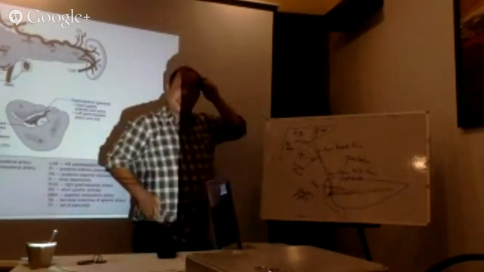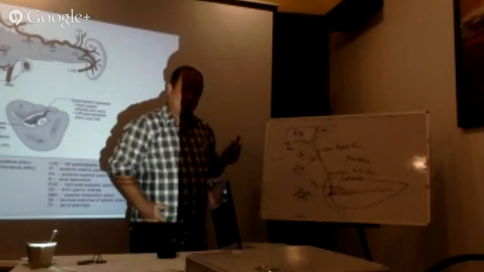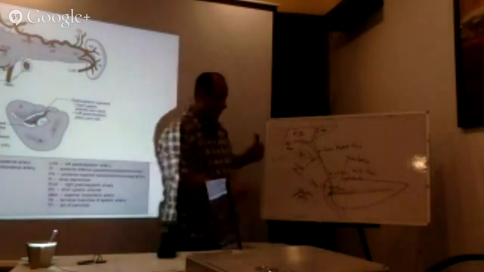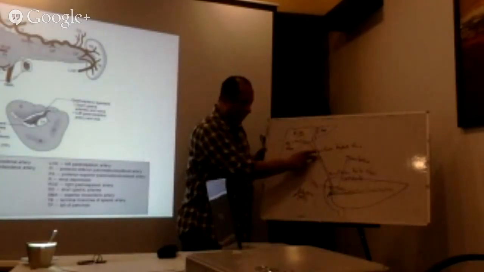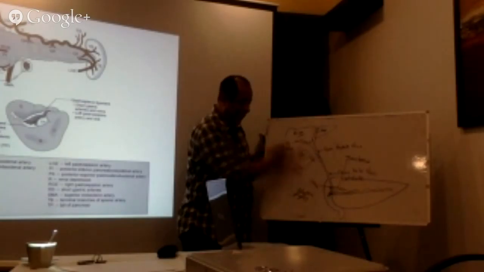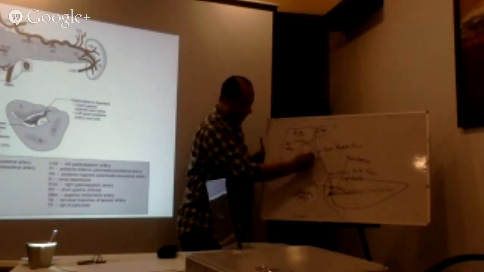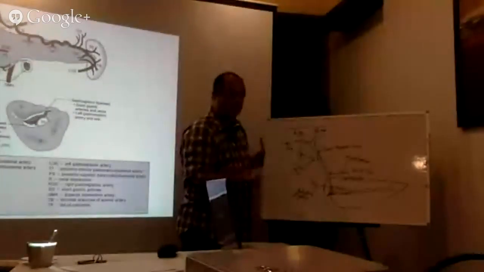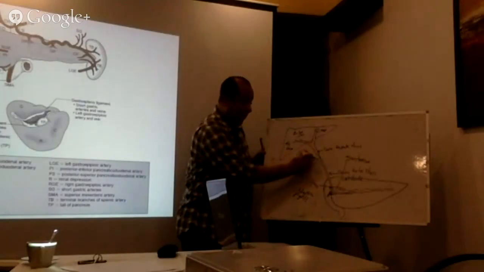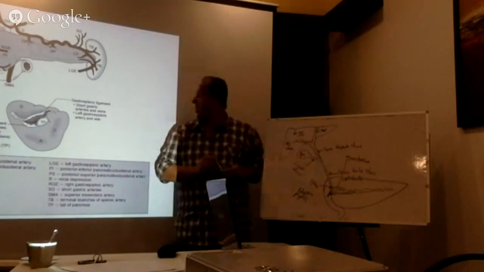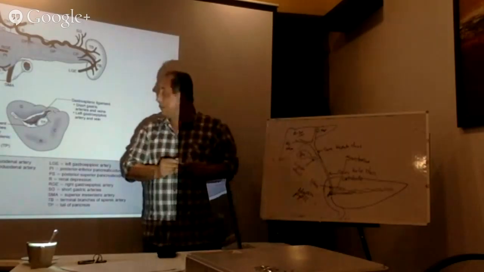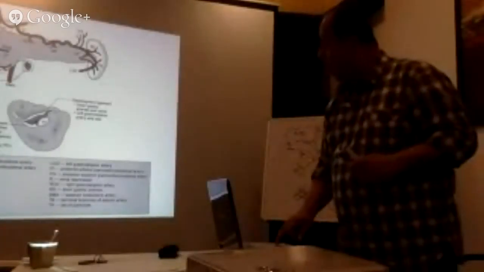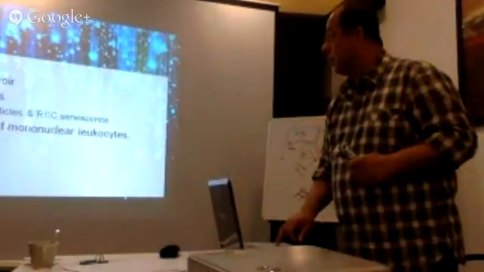Whenever we do, for example, a cholecystectomy, it means we are going to ligate this cystic duct and just remove the gallbladder. This is called cholecystectomy. Remember here, the gallbladder is supplied by the cystic artery, which is a branch of the hepatic artery.